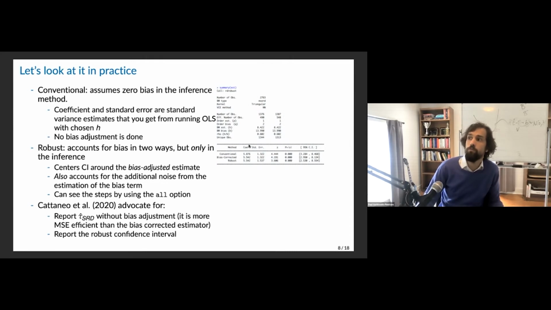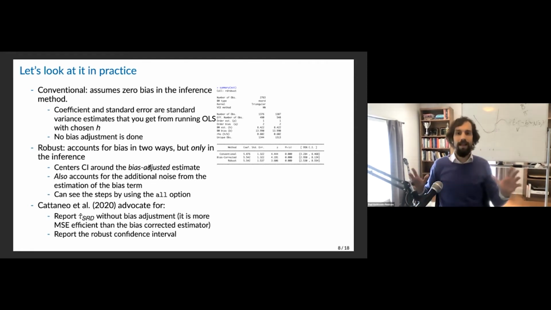There's bias corrected, which gets you the coefficient and adjusts for the bias. So the bias is around 0.3 here. The standard error is the same under the bias corrected one because you're ignoring the impact of bias on your variance. And so you get this confidence interval around the recentered estimate. The robust allows for the recentering, and it has a bigger variance term because of this uncertainty.